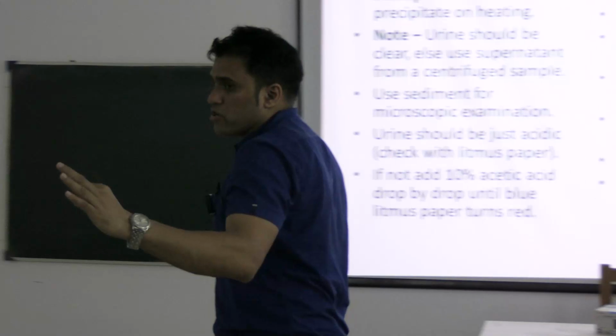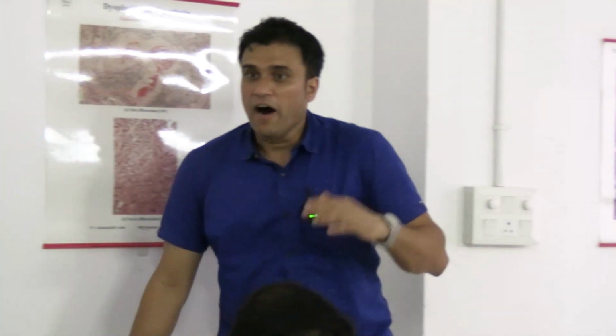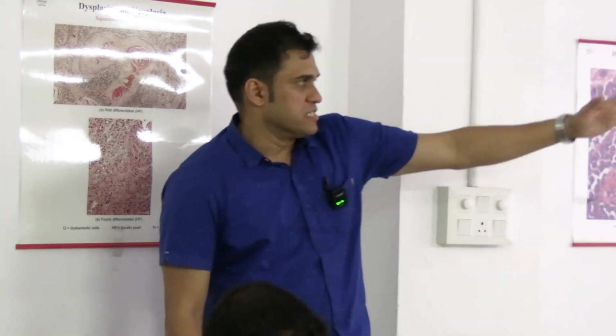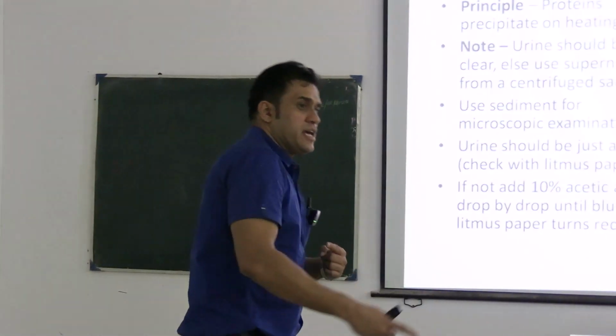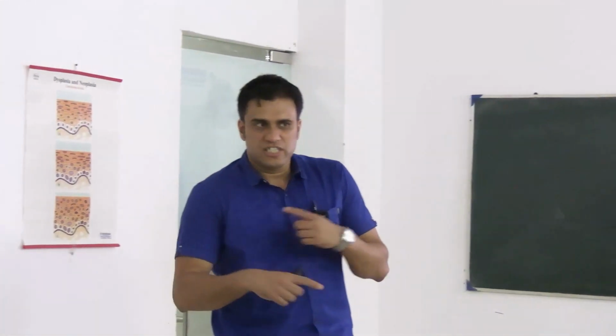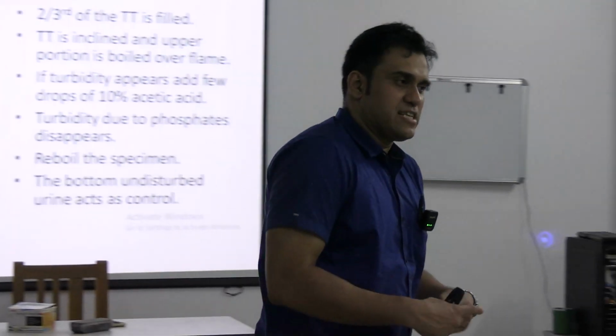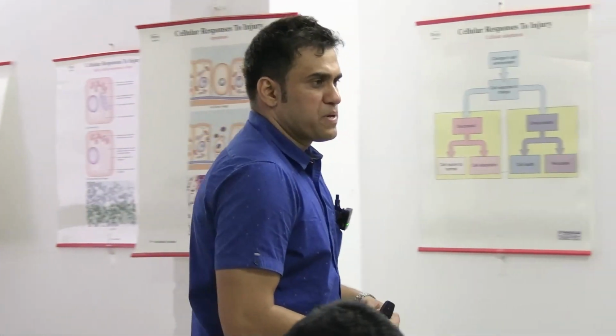Now, before you do the heat and acetic acid test, you must remember certain things. A few points must be remembered. Urine should be clear. If the urine is not clear, either filter the urine or centrifuge it, and use the supernatant for chemical examination and the sediment for microscopic examination.